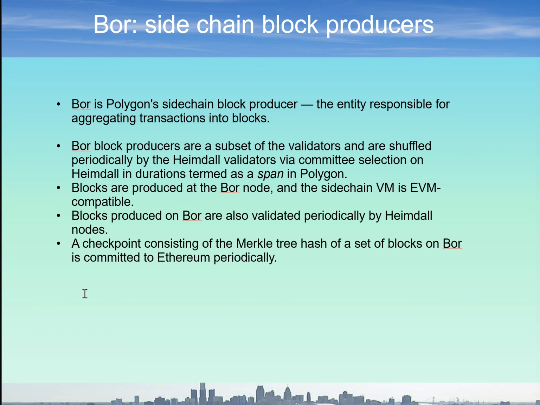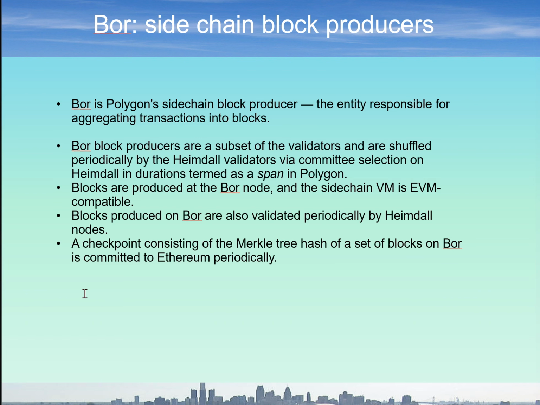And they are going to be shuffled periodically by the Heimdall validators via committee selection. So it's not going to be fixed. The set of block producers is not going to be fixed. In duration, 10 is a span. So each span is going to have a different committee.